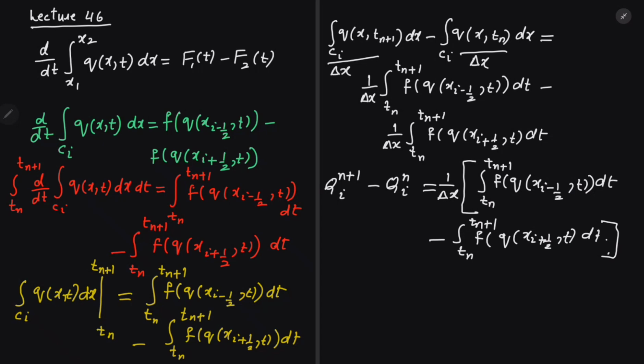Now one thing we want to do over here is put I plus 1/2 first and I minus 1/2 second. The reason is, whenever we want to measure something and take a difference, we always take a difference from higher values to lower values. The higher value is I plus 1/2, and the lower value is I minus 1/2.